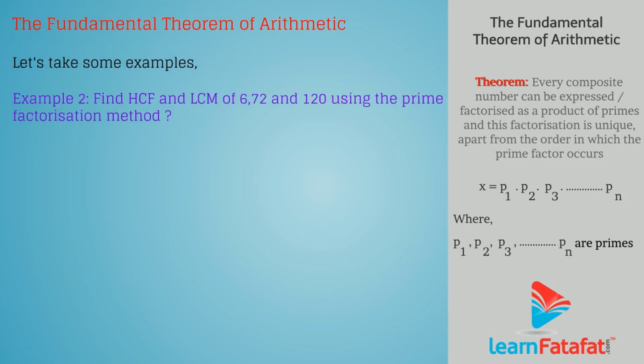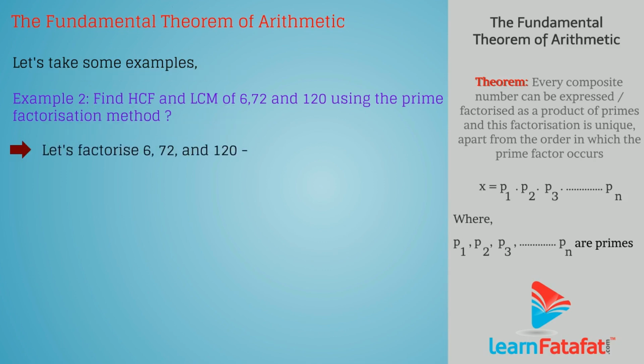Another example where we have to find the HCF and LCM of 6, 72 and 120 using the prime factorization method. Let's factorize 6, 72 and 120. 6 can be factorized as 2 into 3. 72 can be factorized as 2 into 36.